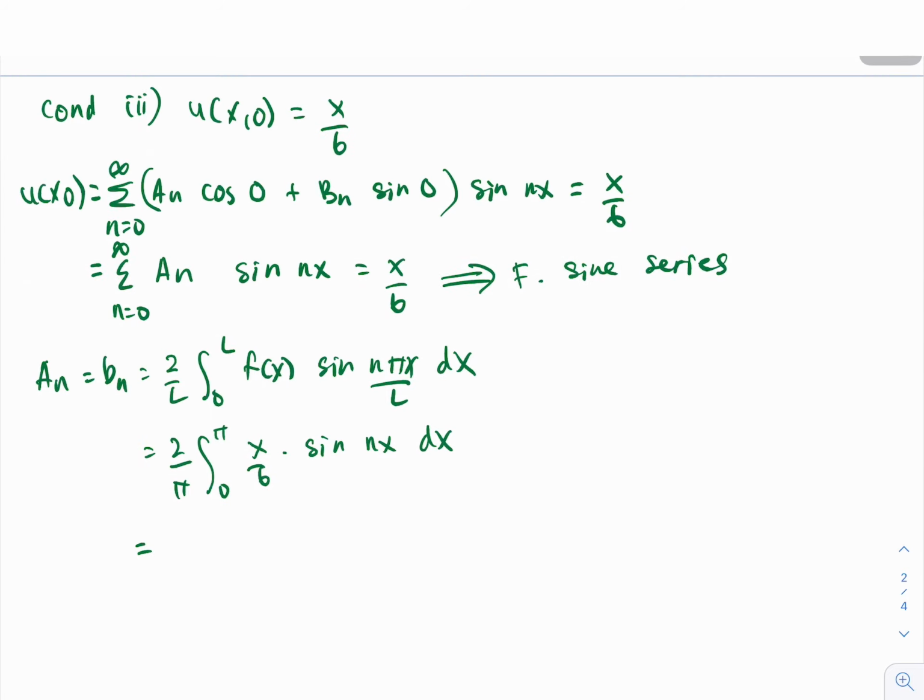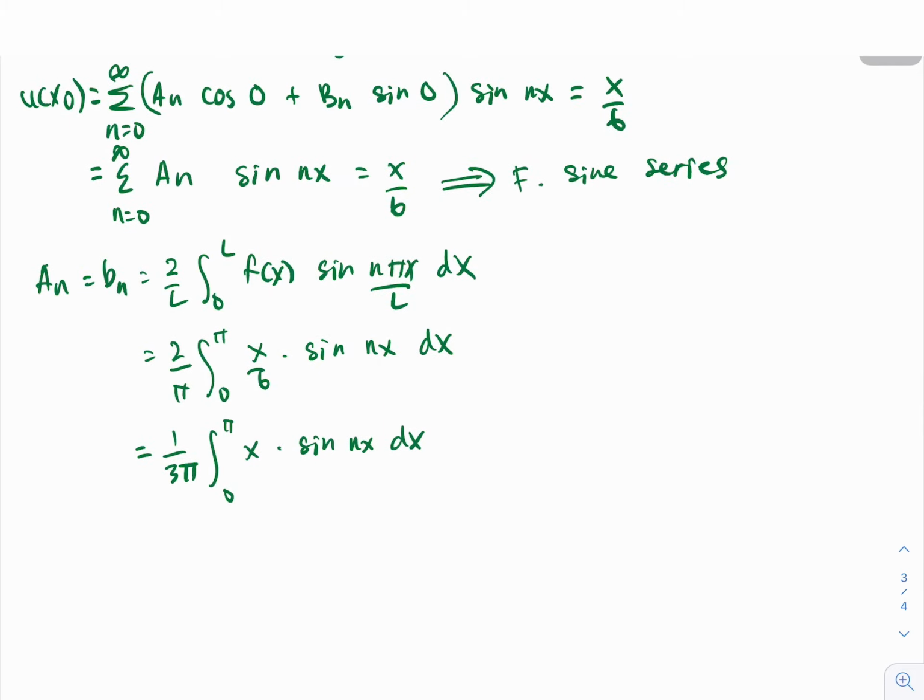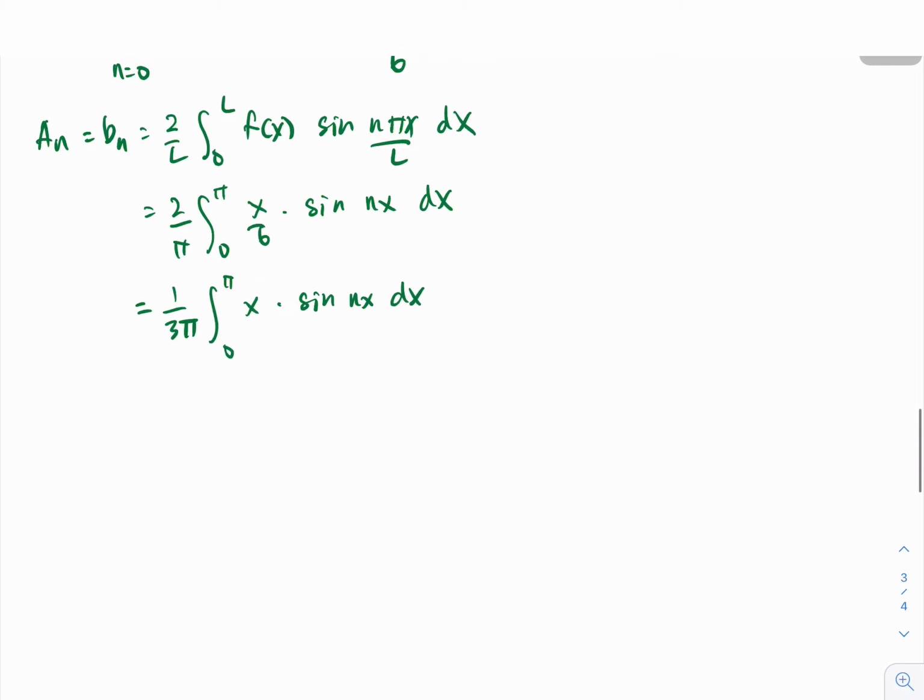So we can simplify this first: 1 over 3 pi. Now, since we have an algebraic term multiplied by a trigonometric term, we can use integration by parts. So we have to select our u and dv by using LIATE, L-I-A-T-E. So we select x, which is the algebraic term, as our u, and dv is sin nx.